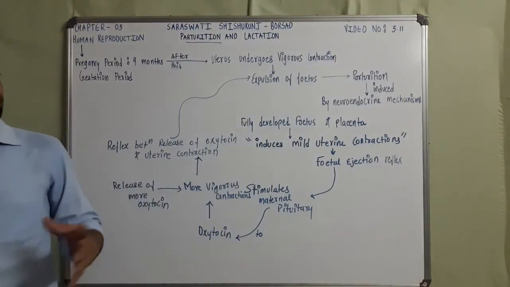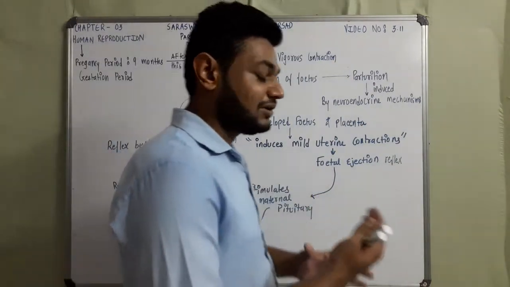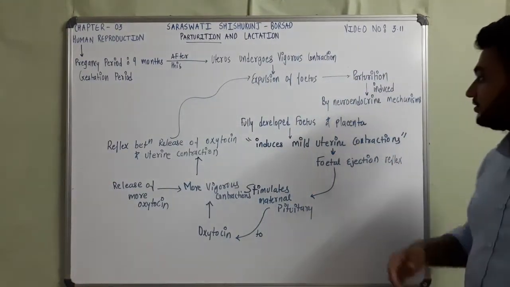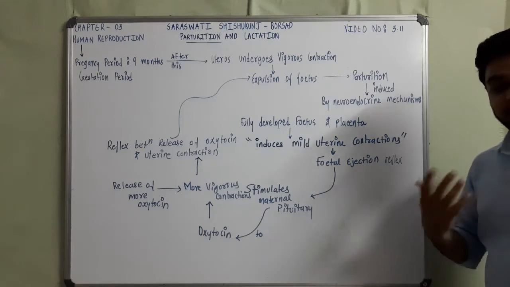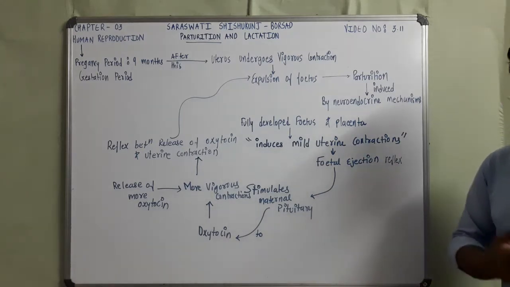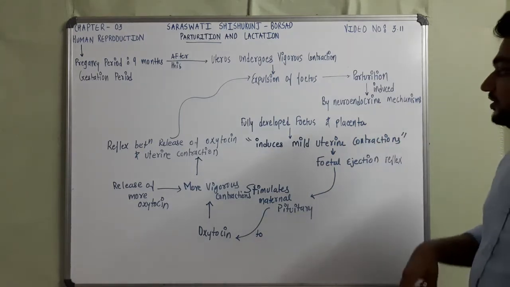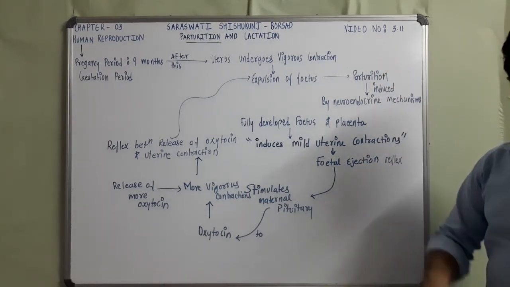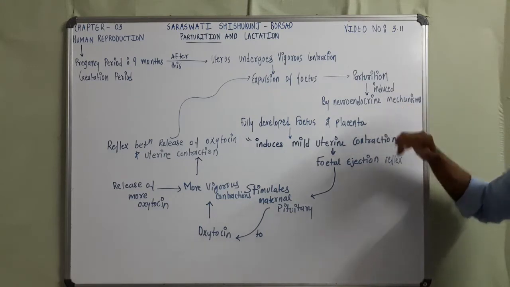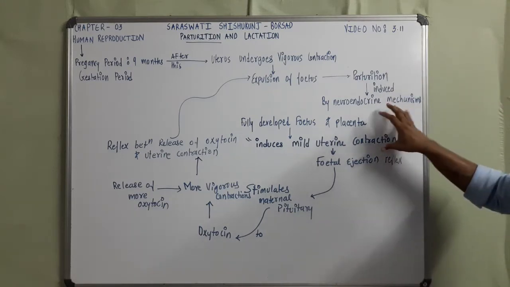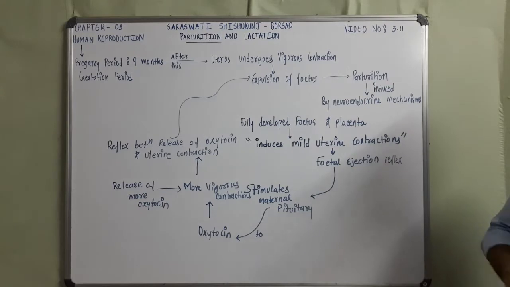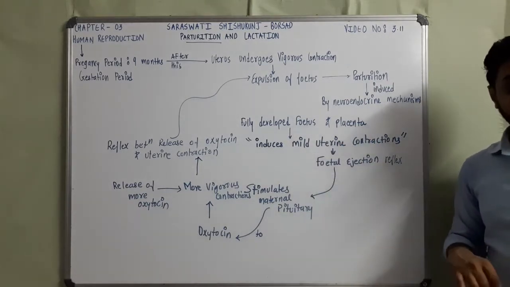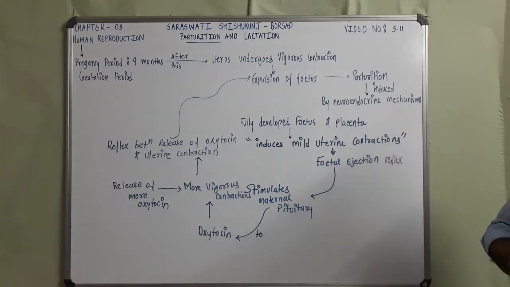Students, this is a neuroendocrine mechanism, which means the hormonal or endocrine part as well as the nervous system stimulating the muscles, both take part. Parturition starts with the fully developed fetus and placenta inducing mild contractions, referred to as the fetal ejection reflex.